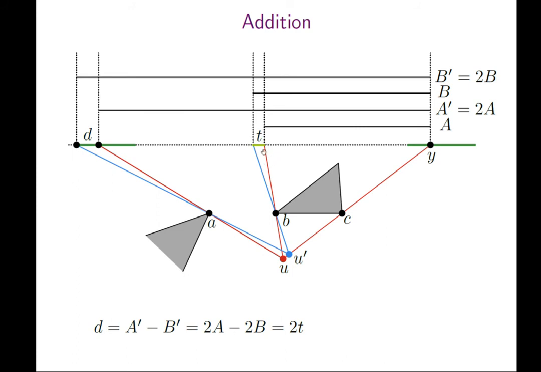So from u we have this distance here, and this distance here must be the same, because this distance AB is the same as the distance BC. So therefore, this distance must also be the same as this distance, as you see. And thus, A prime must be two A, and for the same argument with U prime, B prime must be two B. And then we see D equals A prime minus B prime equals 2A minus 2B equals 2T, and we're done.